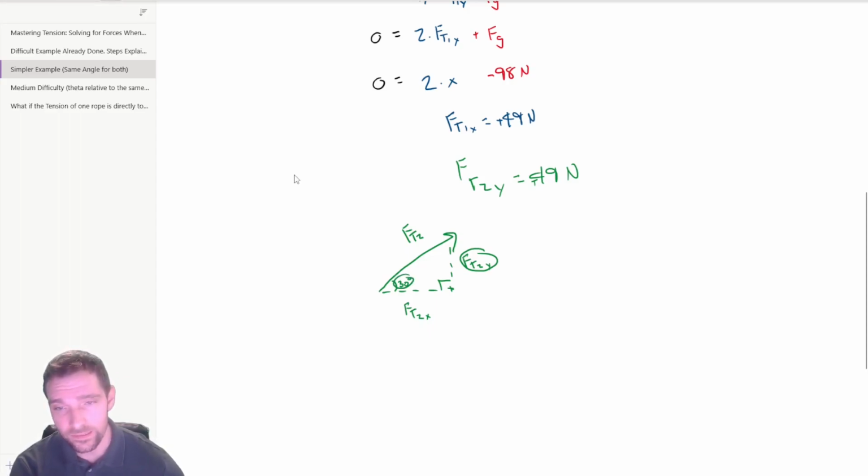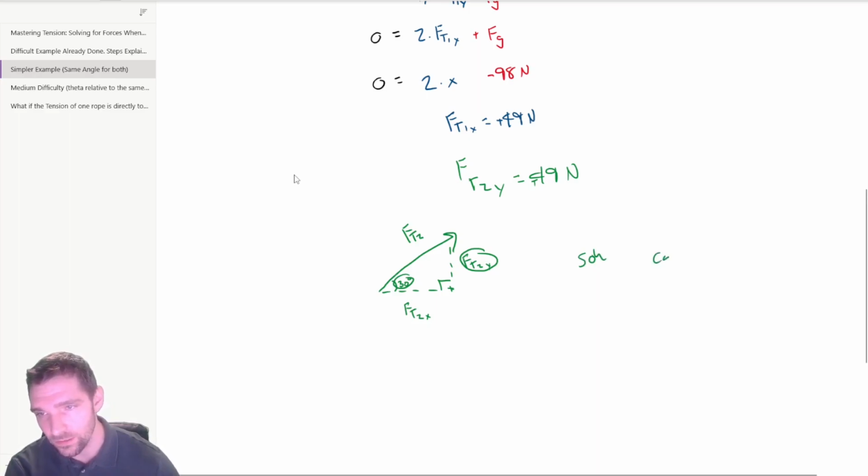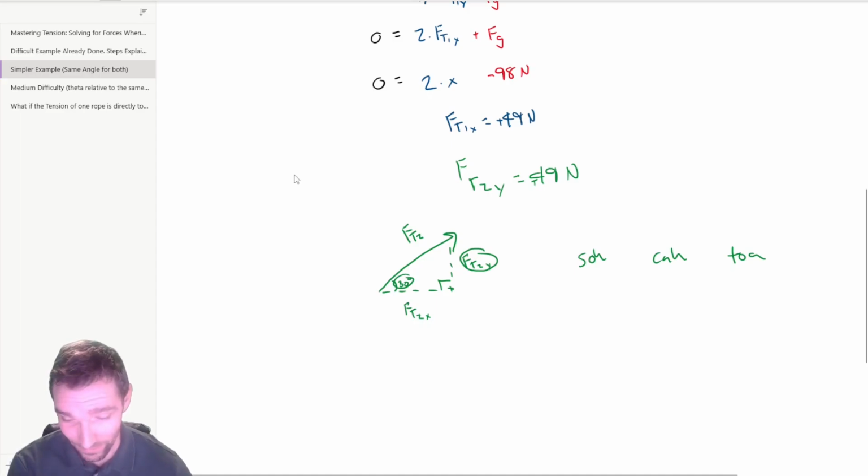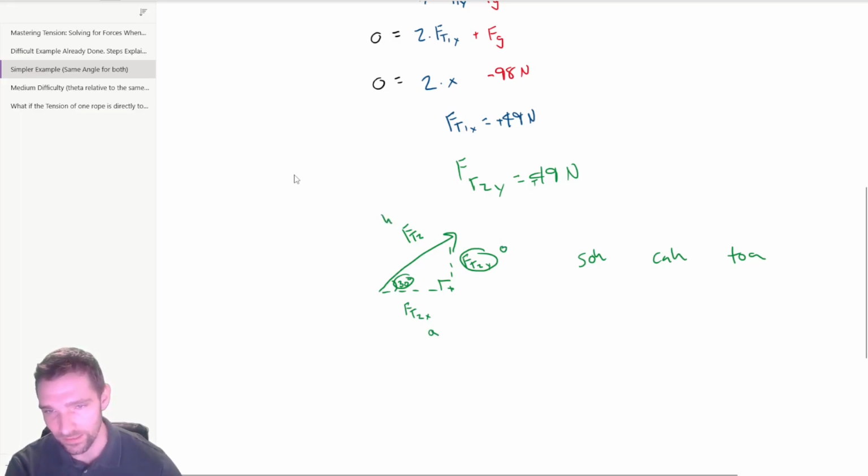So we've got our trig functions, SOH CAH TOA, which I always write out whenever I'm using them, because it's really easy to accidentally use adjacent when you're meaning to use hypotenuse. In this triangle, the angle is here, so the opposite is there, the adjacent is here, and the hypotenuse is there.